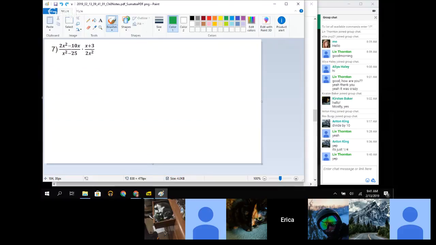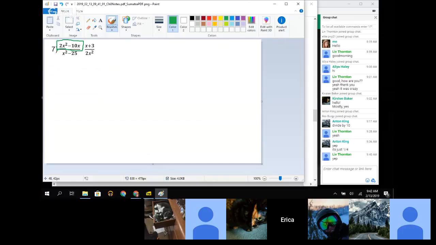Okay, so what we're going to want to do is work every part of our fraction and see if we can make it a multiplication problem. So let's just look at the numerator of the first fraction. The numerator of the first fraction is 2x squared minus 10x. What I notice is they have some terms in common. They both have a 2 and an x.